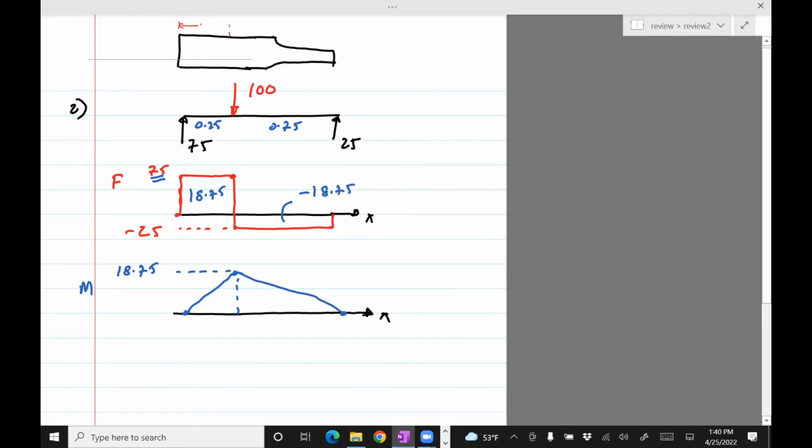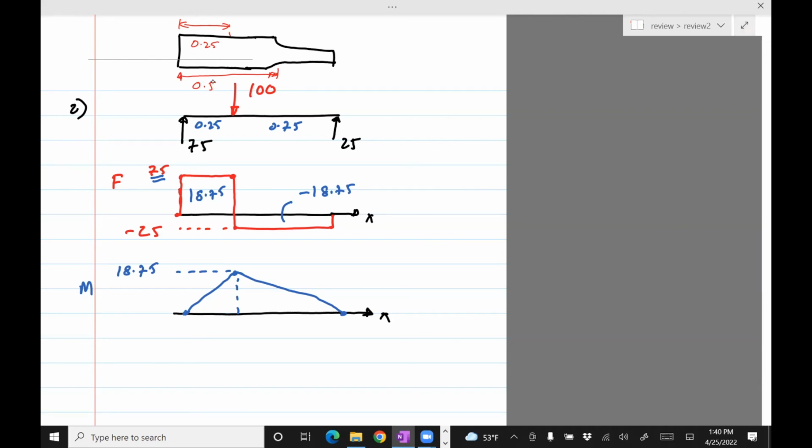So this point was 0.25, but then the place where we have this discontinuity was at 0.5. Okay.